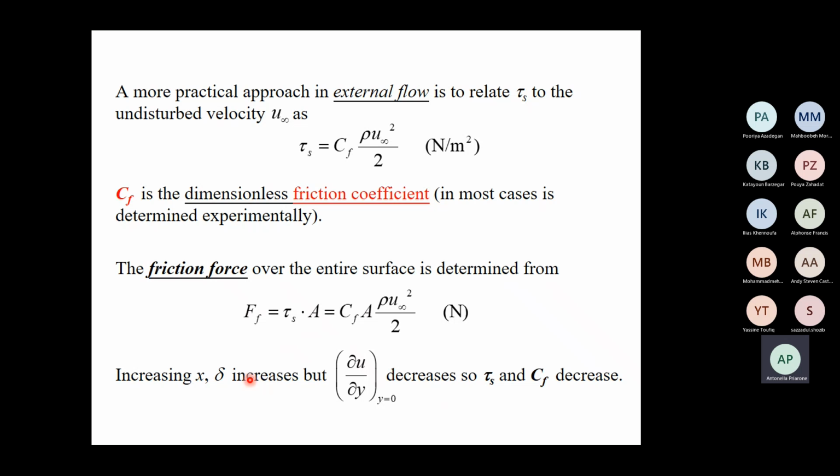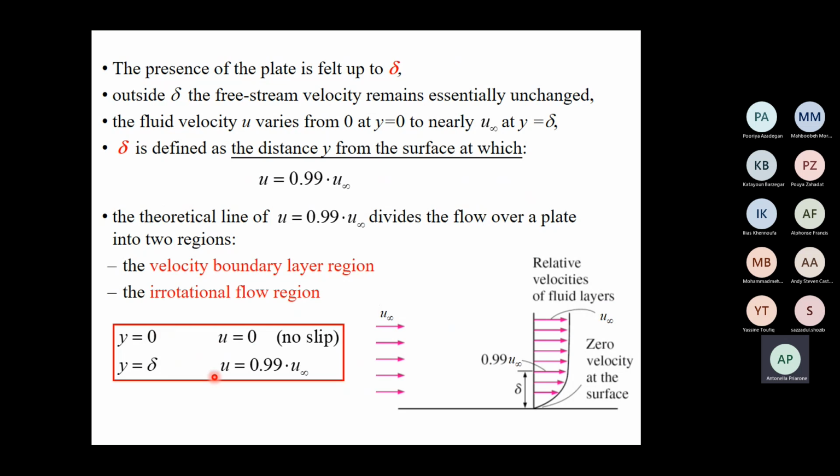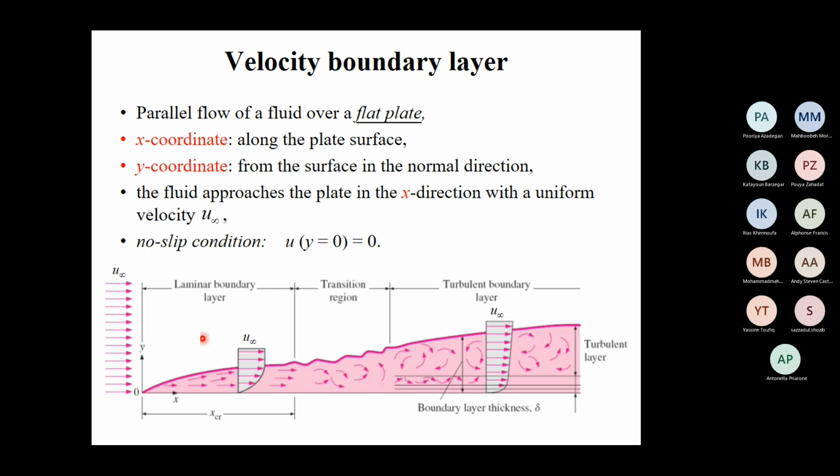If you remember the shape of a boundary layer, as I increase x, I go back here. x is the axis parallel to the plate. Increasing x, I increase the thickness of the boundary layer, delta.